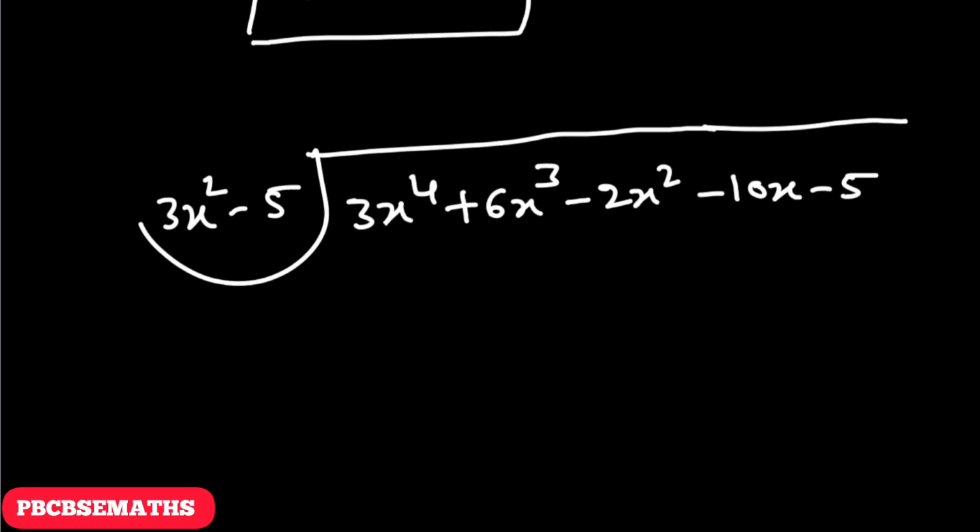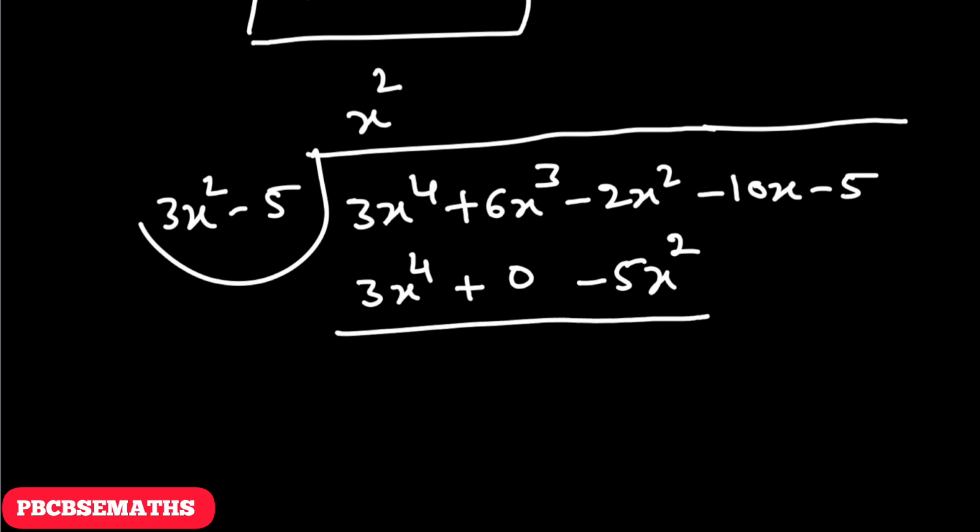So let's try to eliminate the leftmost terms. To eliminate this 3x to the power 4, we have to multiply this 3x square by x square. So x square into 3x square gives us 3x to the power 4. Now plus into minus gives us minus, x square into 5 gives us 5x square. We write this x square term just below the x square term. Here we simply write plus 0.